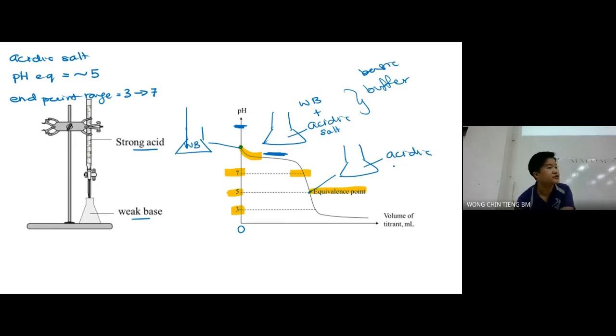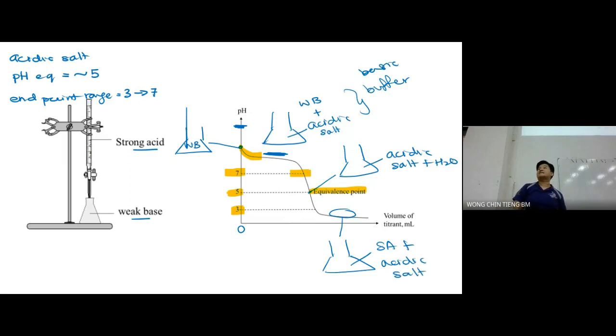Strong base, strong acid, weak base, everything is used up. You only have salt and water left. Lovely. Right? Next. So what do you have at the end of the titration? Strong acid with acidic salt. That is the reason why your curve sits lower again, because what remains now is strong acid.